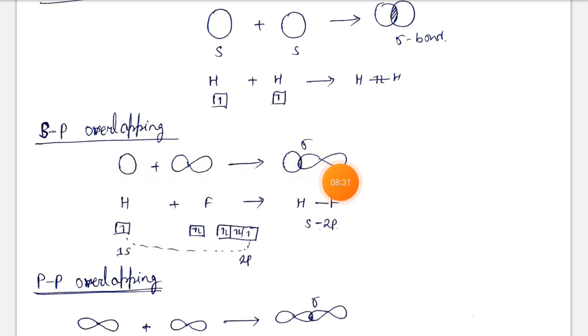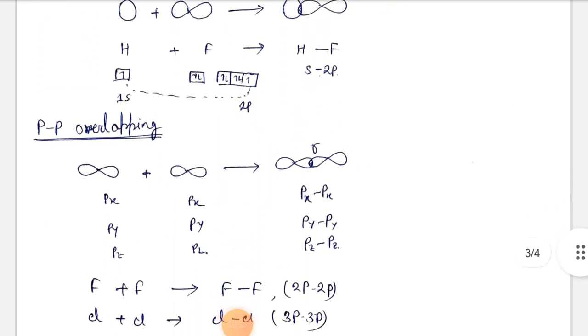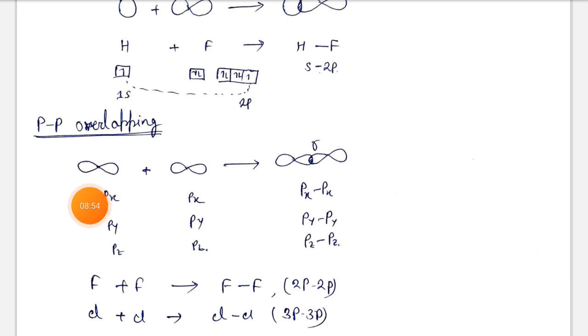Okay, next, sp overlapping, that is s orbital and p orbital overlapping. In sp overlapping a sigma bond is formed. If we take an example, that is hydrogen and fluorine. For hydrogen, one s orbital, one electron, and fluorine 2s and 2p. There is one electron in the 2p orbital, so 1s and 2p overlap and an HF molecule is formed. Next, pp overlapping, that is two p orbitals overlapping with each other.